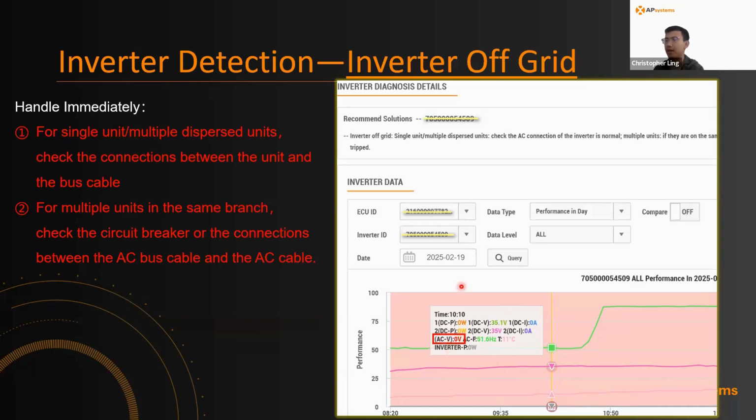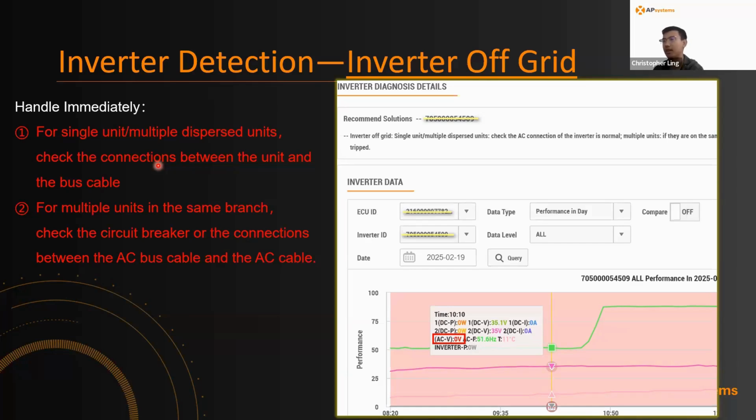If you have a scenario where it's a single unit, or multiple units that are not on the same branch, then it's possible that there's an issue between the microinverter and the bus cable. So that's one thing to take a look at.